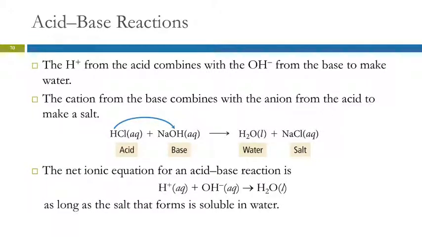So when a hydrogen ion from an acid combines with a hydroxide ion from the base, it forms water. Acids produce hydrogen ions in aqueous solution. Bases produce hydroxide ions.